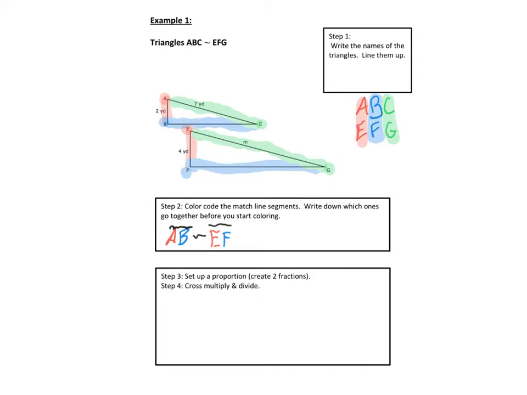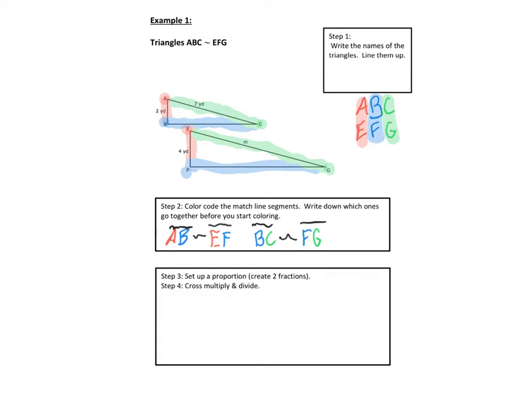Now I'm going to move on to the second one. So that would be B, C, and that's a line segment, so it needs a line over it, is similar to F, G. Line segment, so we put the line over it.